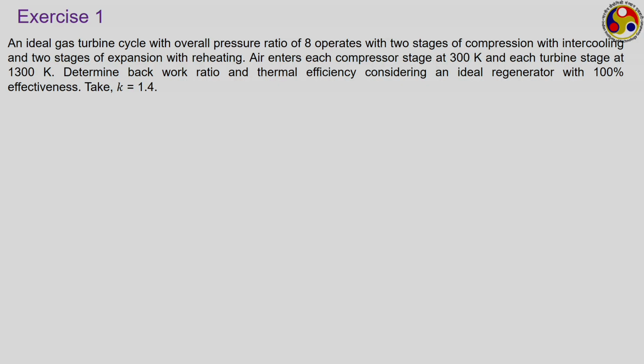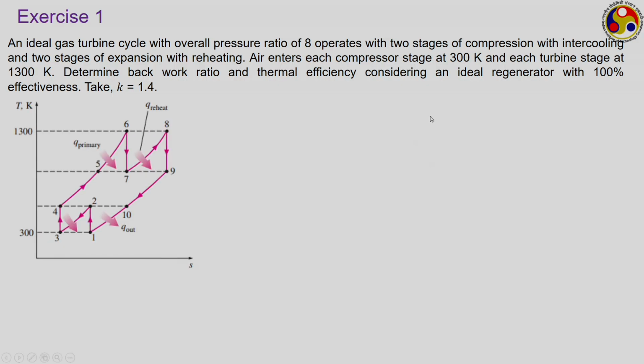We have to determine the back work ratio and thermal efficiency. We solved this problem in the previous lecture, but now we have a change. Here we have to consider an ideal regenerator with 100% effectiveness. The value of k is given, we may consider the value of specific heat also. So, the same problem we solved in the previous lecture, but without regeneration.